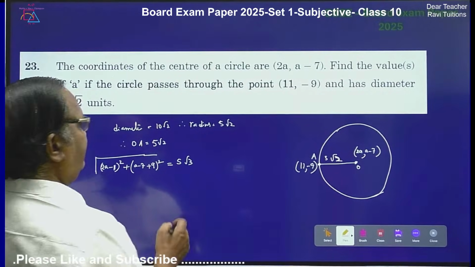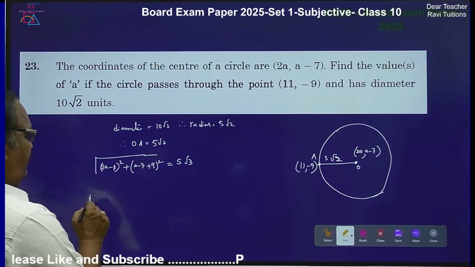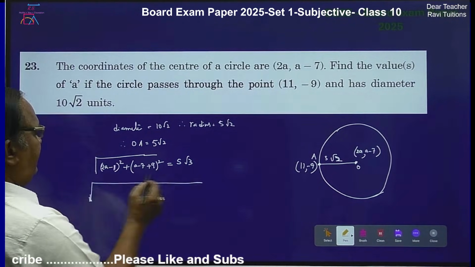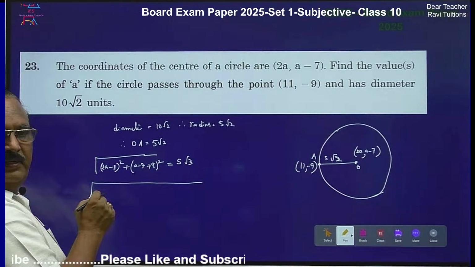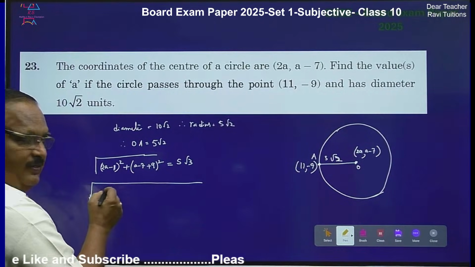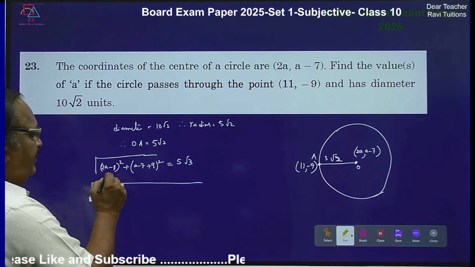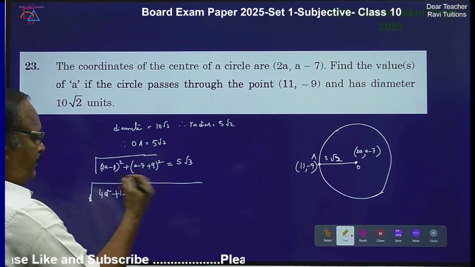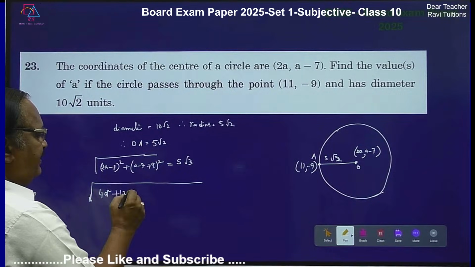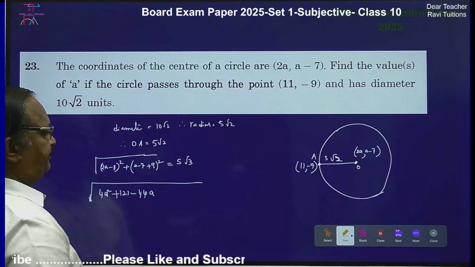So (a minus b) whole square, you have to write it. (a minus b) whole square is a square, minus 2ab, plus b square. So (2a) whole square is 4a square, b square is 121, 2ab, 2 into 4, 4 elevens are 44a. First one is over.